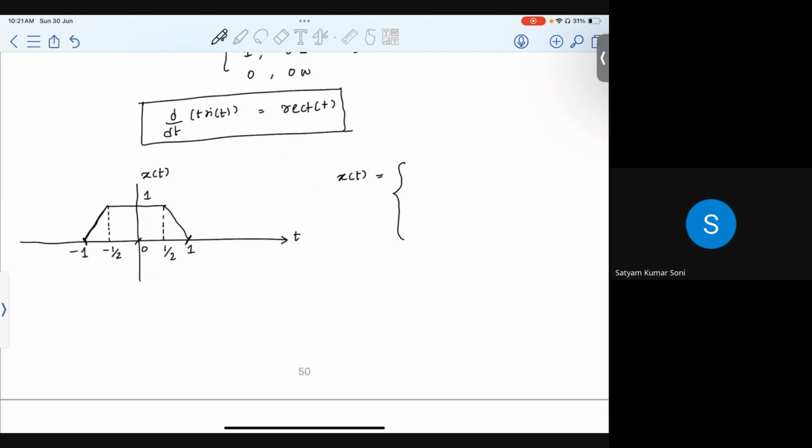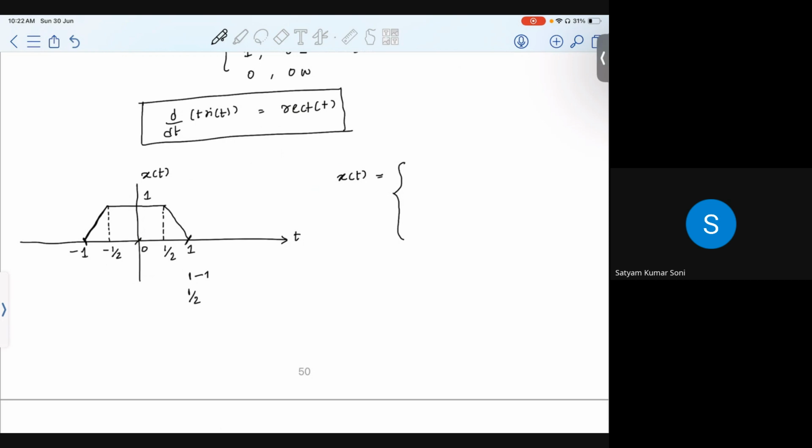At 1 we have 0, and at half we have the value 1.